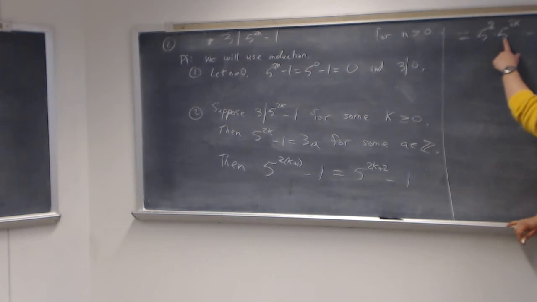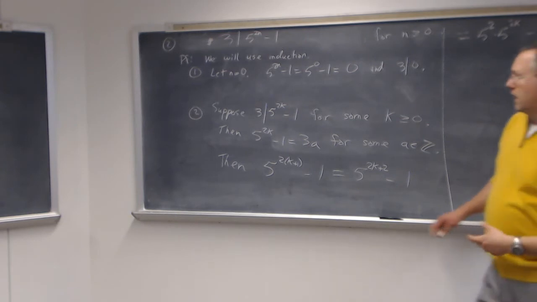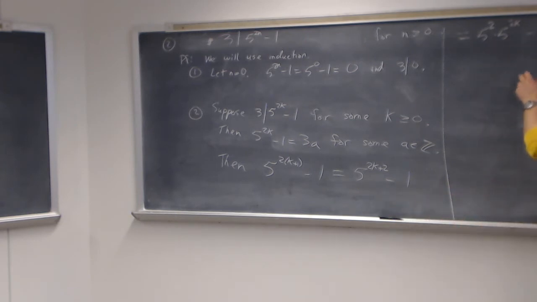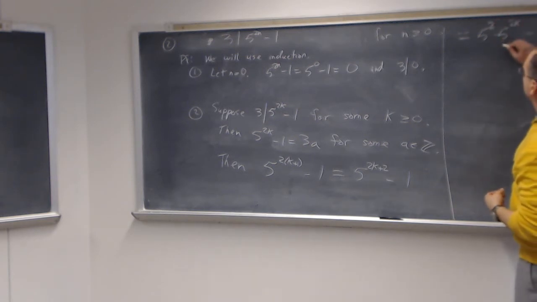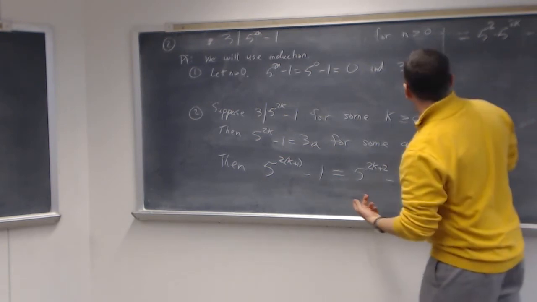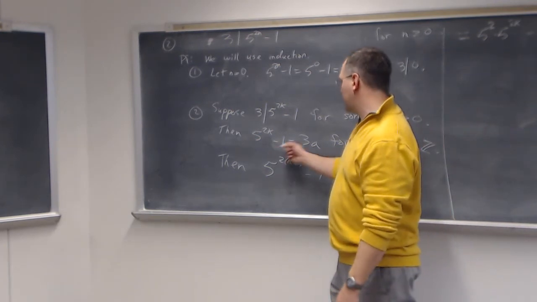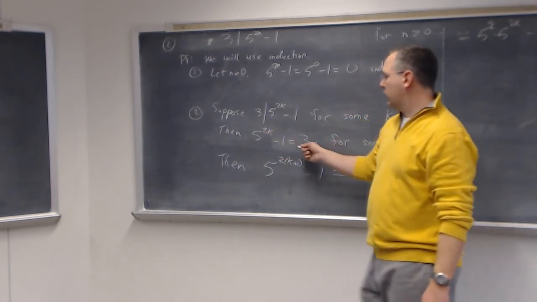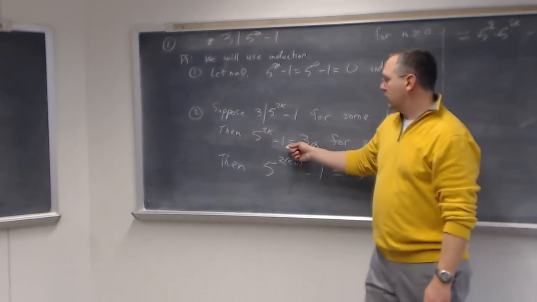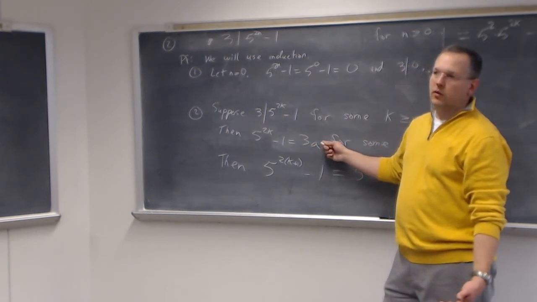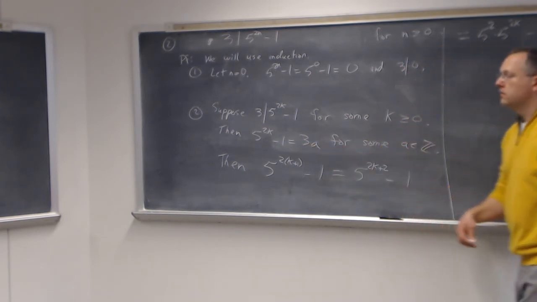So what the book did is, I think they replaced 5 to the 2k with 3a plus 1. We can't replace 5 to the 2k minus 1 with 3a here, because this doesn't have a factor of 25. So if you want to do it that way, the book would write another line: if 5 to the 2k minus 1 equals 3a, then 5 to the 2k equals 3a plus 1. You might want to put that in your proof here.